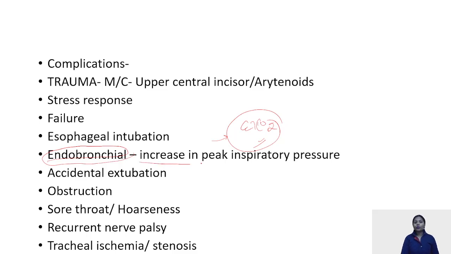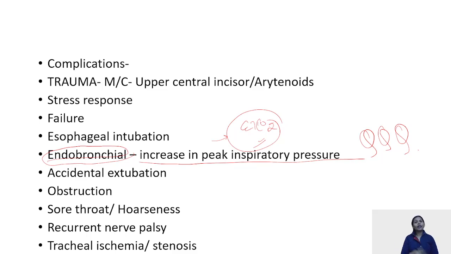The other, which was asked also, is an increase in the peak airway pressures. The peak inspiratory pressures increase if we have only a single-sided lung which is being ventilated. I repeat, in endobronchial intubations, we have an increase in the peak inspiratory pressures.